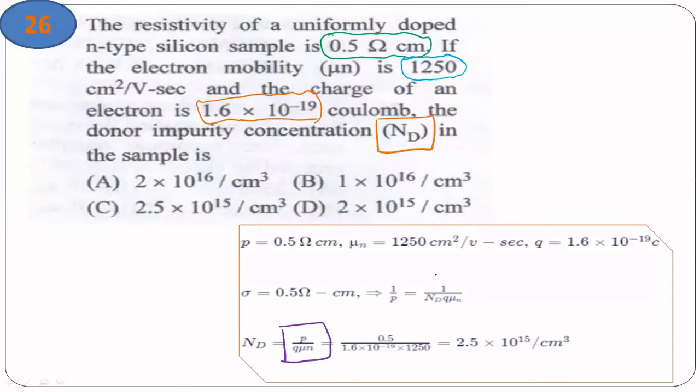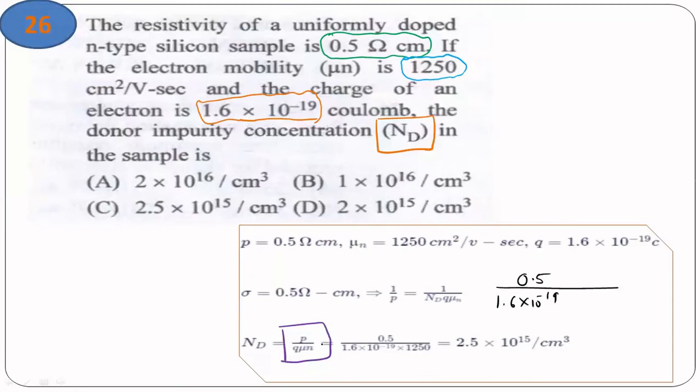We already know that rho is 0.5, and in the denominator it is Q, which is 1.6 into 10 to the power minus 19, into mu n.